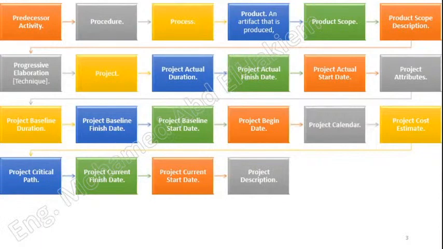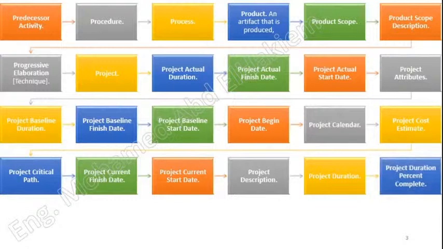Documented narrative summary of the project scope statement. Project duration. The total number of work periods in calendar units between the project early start date and the project early finish date. Project duration % complete. An estimate, expressed as the percentage that the project actual duration is of the project total duration for a project that has work in progress.